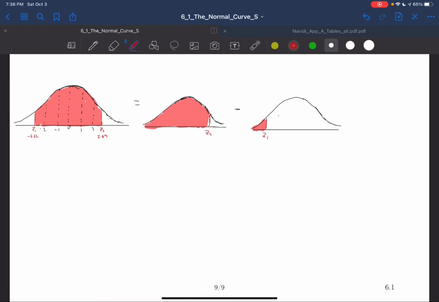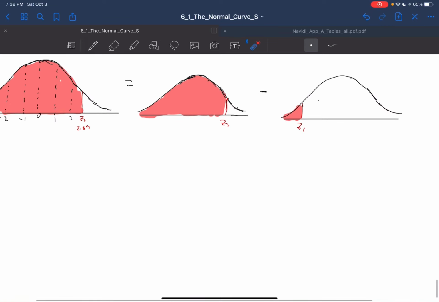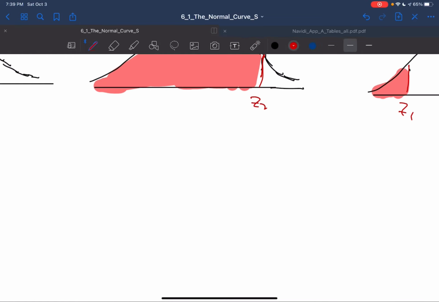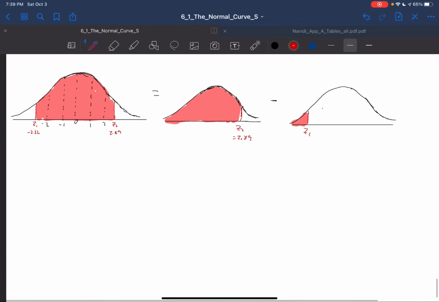Then we will have the area between these two values. So let's find the area to the left of z2. Remember, z2 is just 2.89.